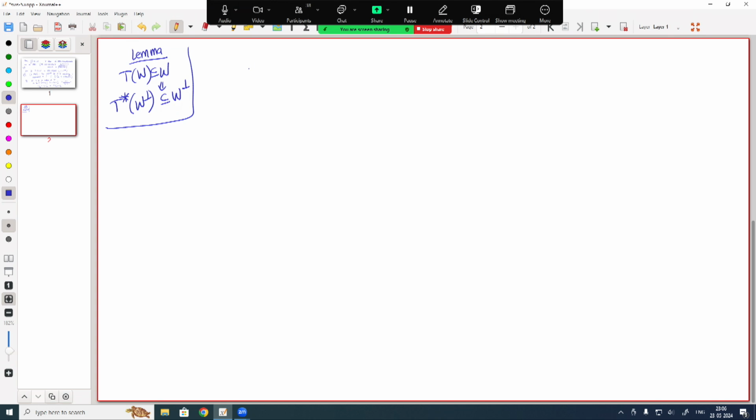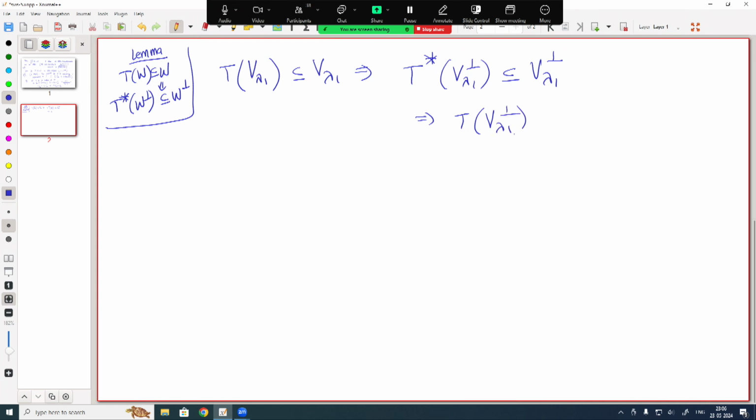Now here we have manufactured a subspace V lambda 1, which is invariant under T, therefore, its perp is invariant under T star. But T star equals T, that is where that comes in, right. For a general operator, this is all you can say, but we have assumed that T star is equal to T, and therefore, we conclude that T leaves the perp invariant.